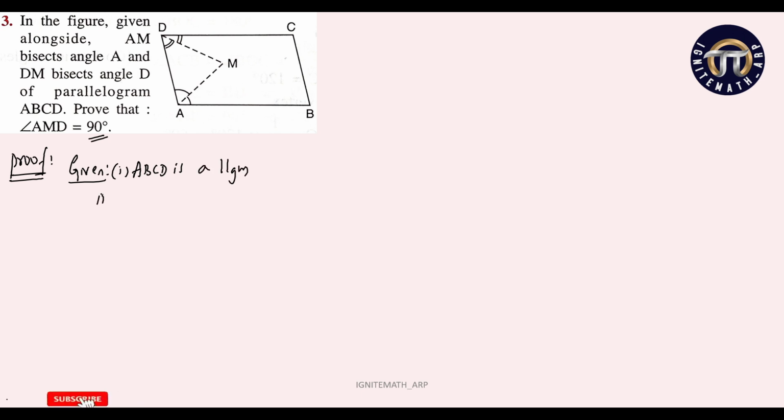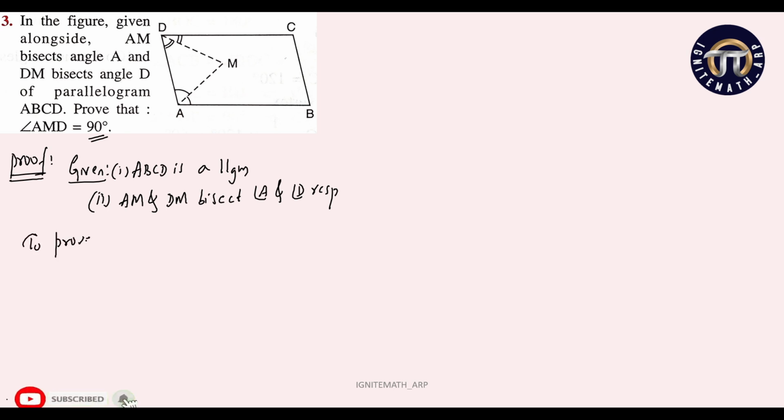The second one is AM and DM bisect angle A and angle D respectively. What are we supposed to prove? We are supposed to prove that AMD is equal to 90 degree. So now let us start the proof.